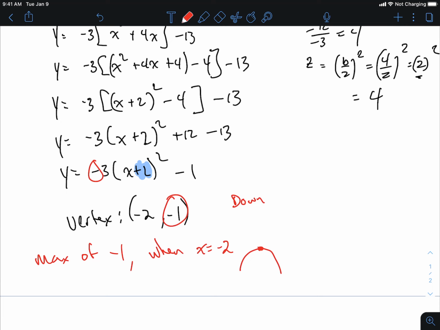Okay, do we have any questions? Yeah, where did you get the +12? The +12 comes from when after I go like this. So that's why the square brackets are there, right? Because you can't just all of a sudden delete them and nothing's happened. I put them there very intentionally so that I remember that I have to get rid of them. And then the only way to get rid of them is to distribute the number out front to both of these pieces.